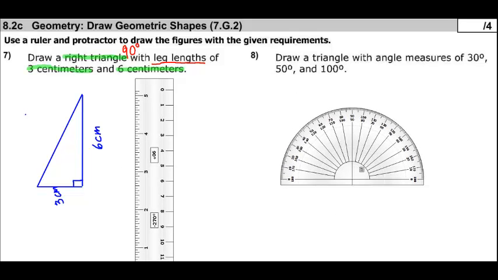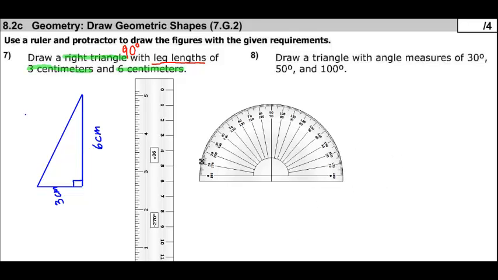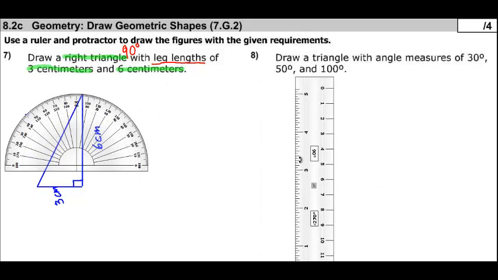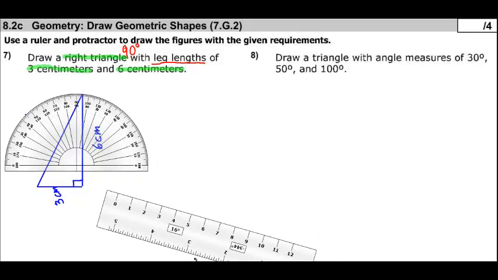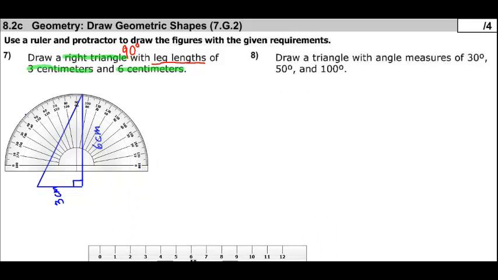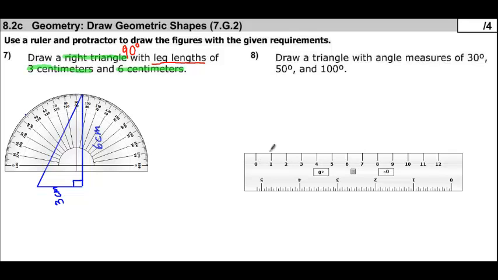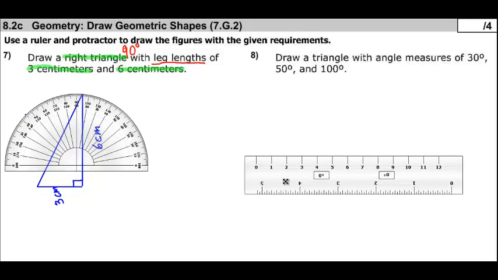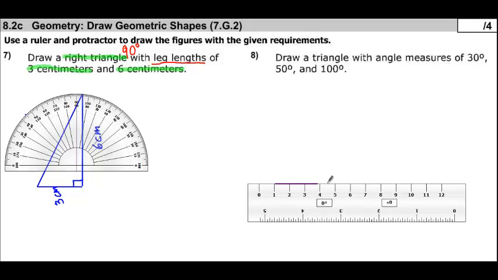So the first thing we're going to do is draw a line. Ooh, that's not going to help us, is it? I guess the protractor doesn't work like the ruler does for making a line. So I'm going to get my ruler flattened out here, and I'm going to make a line. And it doesn't matter how long that line is.